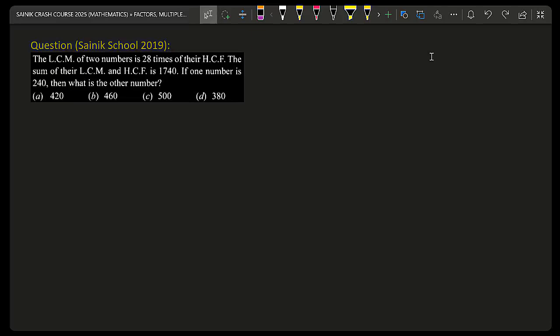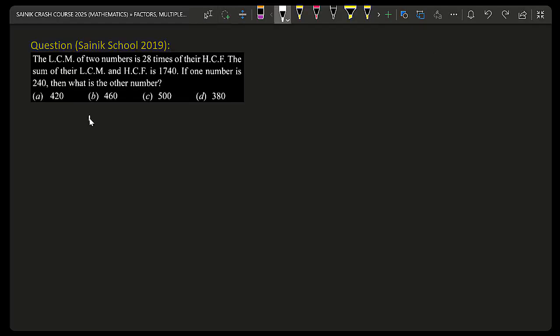HCF into LCM is equal to the product of two numbers. We have to write 29x plus x equal to 1740. Where did you get 29? So 28 equals x times... plus 9 plus 1 HCF. Which one did you call X? HCF.